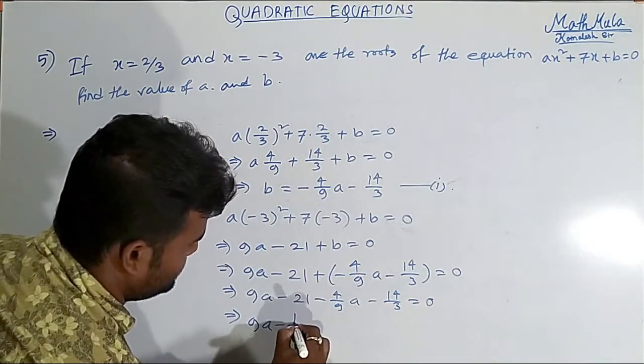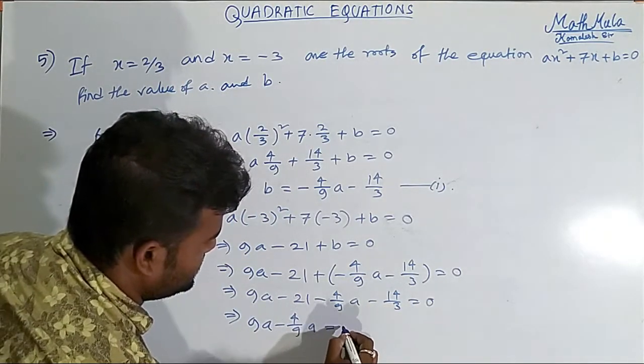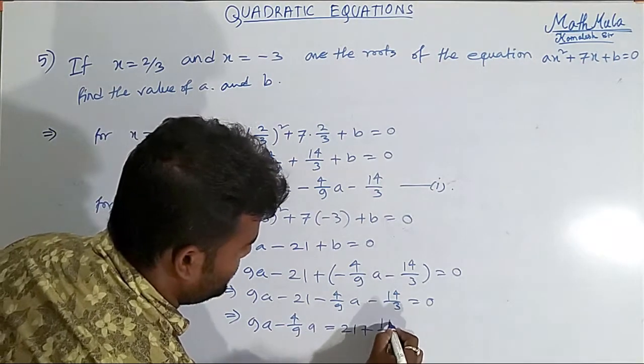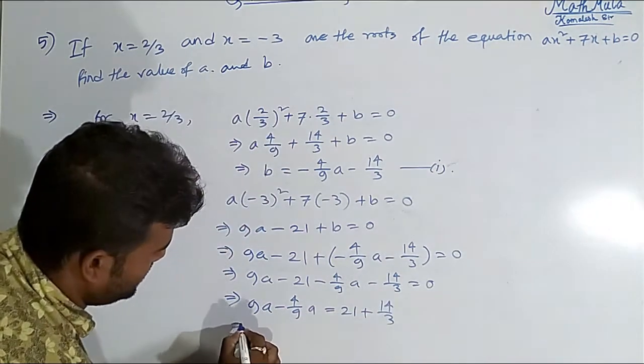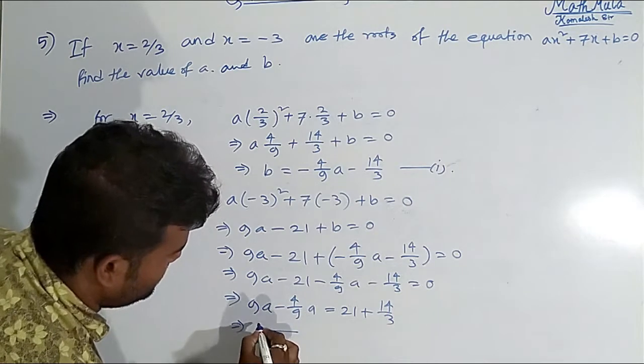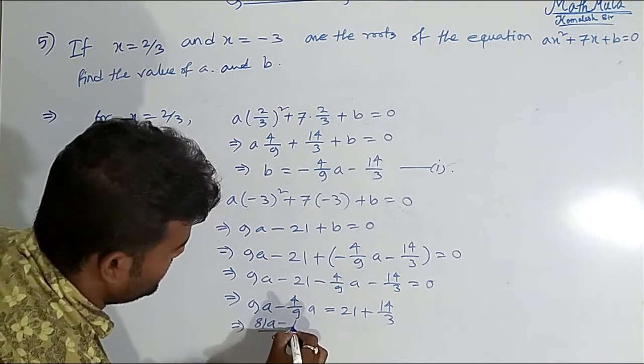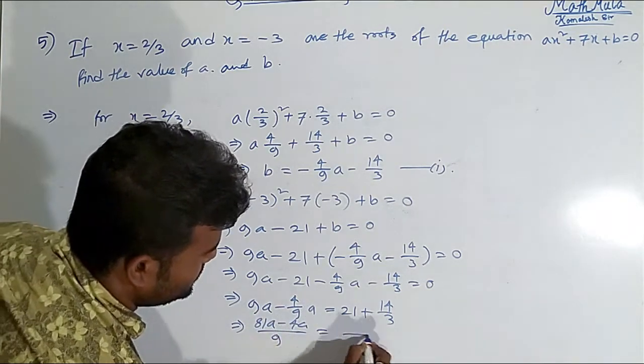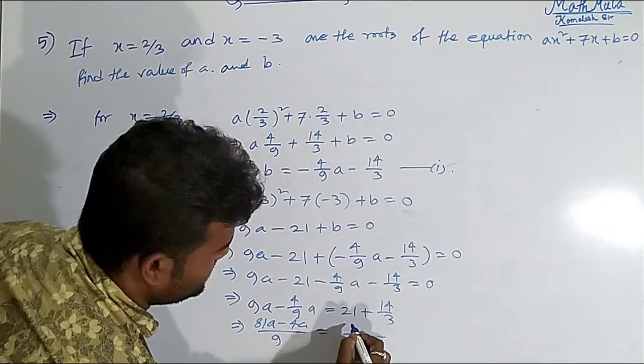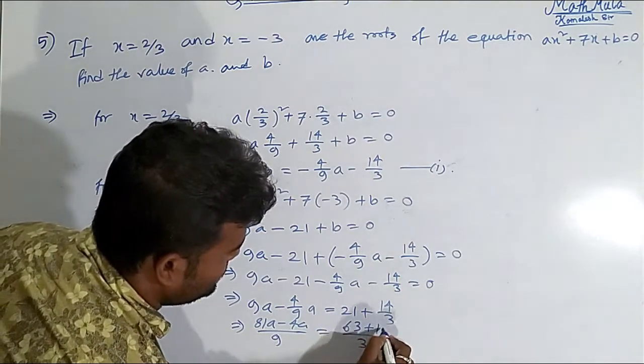9a minus 4 by 9a is equals to 21 plus 14 by 3. That implies the LCM is 9 and this is 81a minus 4a, is equals to, the LCM is 3 and this is 63 plus 14.